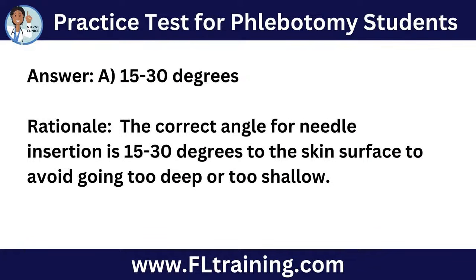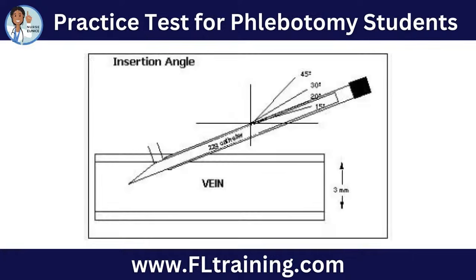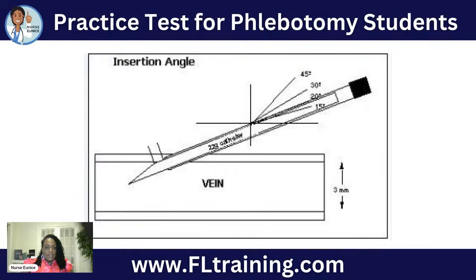If you chose 15 to 30 degrees, you are absolutely correct. That angle allows for easier insertion without you touching too much of the skin surface, and it also doesn't make you go too deep. On the next image I have here, whenever you are performing venipuncture or inserting your needle, I like to liken it as a plane that is diving, a plane that's coming in for a landing.